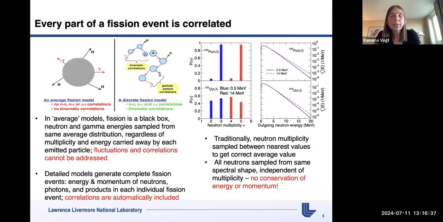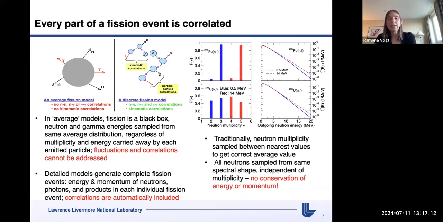But in these average fission models, the fission is really a black box, and all of the neutrons get sampled from the same prompt fission neutron spectral distribution, regardless of whether it's the first neutron or the fifth neutron. And they would always sample either 2 neutrons or 3 neutrons, for say a neutron multiplicity of 2.4 something.